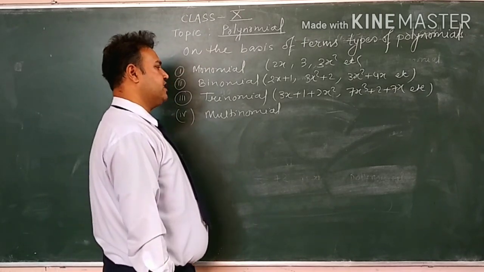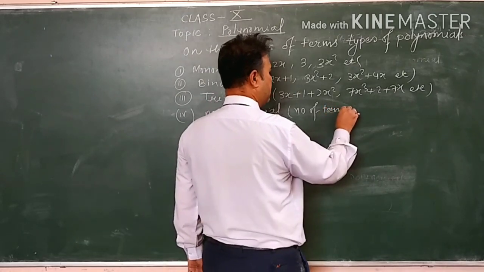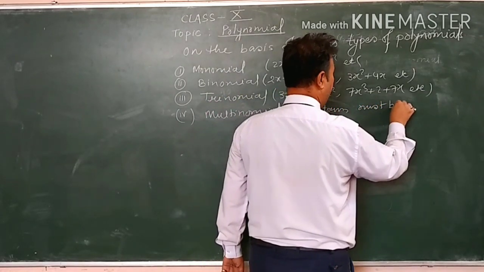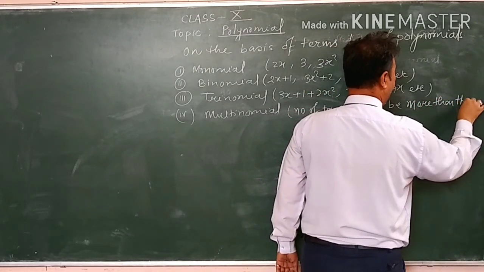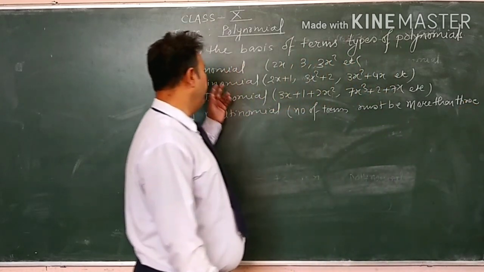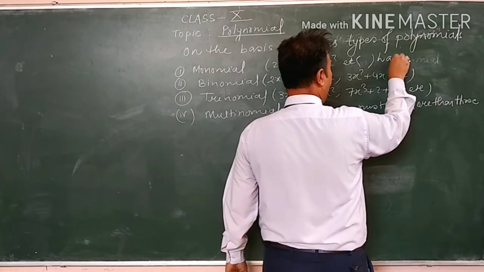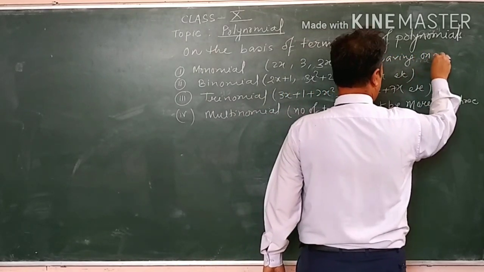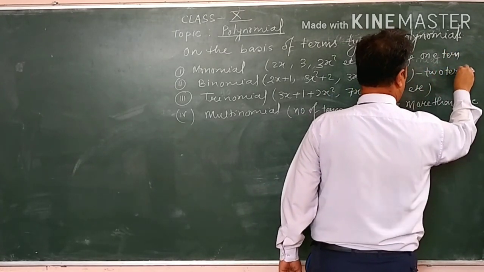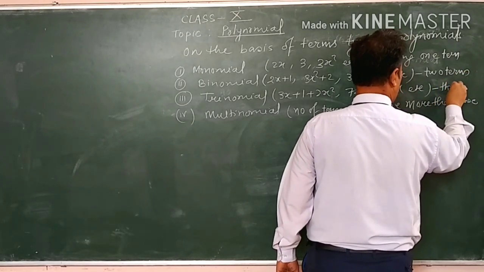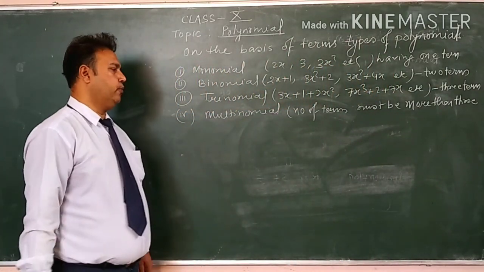Multinomial means the number of terms must be more than 3. In a monomial, just one term; binomial, two terms; trinomial, three terms; and more than 3 terms, multinomials.